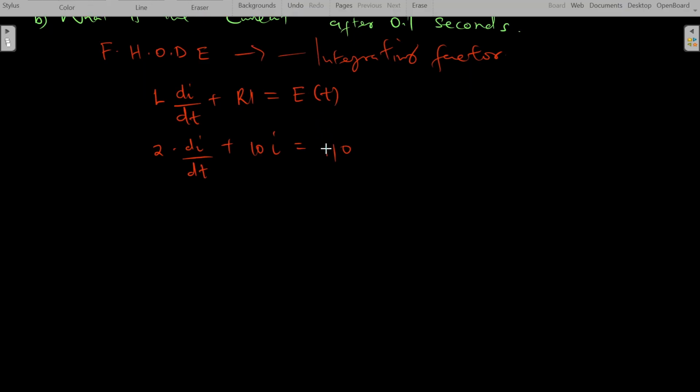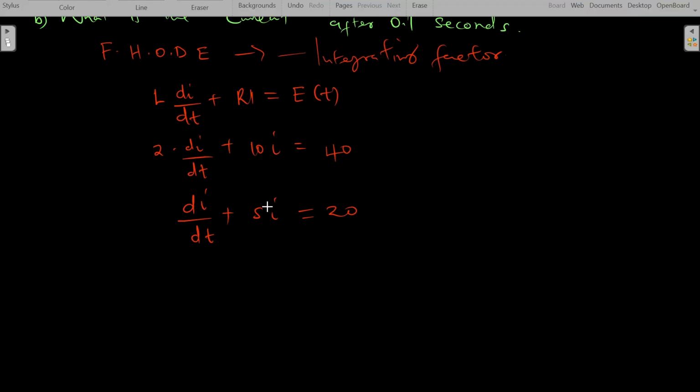Let's divide by 2. Dividing by 2, I get di/dt plus 5i equals 20. This should be positive, so don't worry.